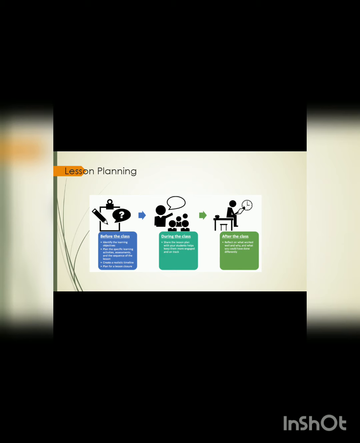For example, identify the learning objectives, plan the specific learning activities, assessment, and the sequence of the lesson. Create a realistic timeline, plan for lesson closure. During the class, share the lesson plan with your students; it helps keep them more engaged and on track. After the class, reflect on what worked well and why, and what you could have done differently.